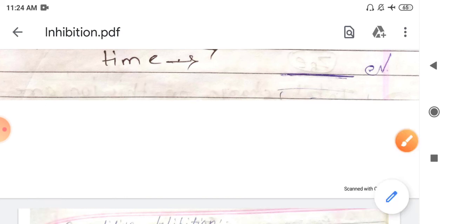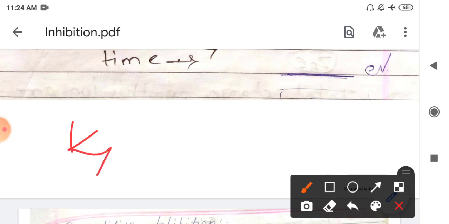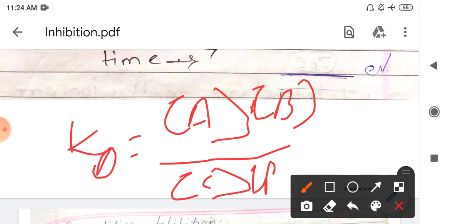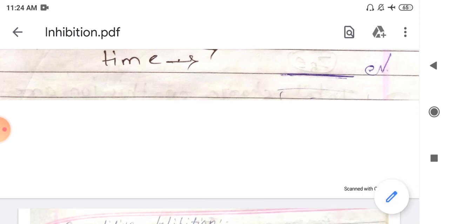So we can say that the dissociation constant Kd is equal to the product of the reactants, that is, multiplication of A and B, divided by C into D. It is the reverse of our formation constant. So the formation constant and dissociation constant are inversely proportional to each other.